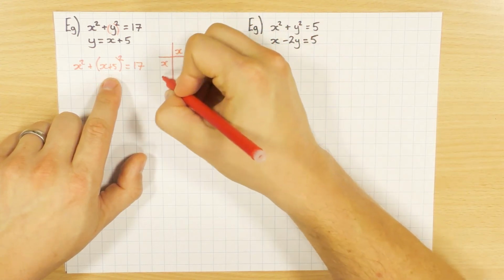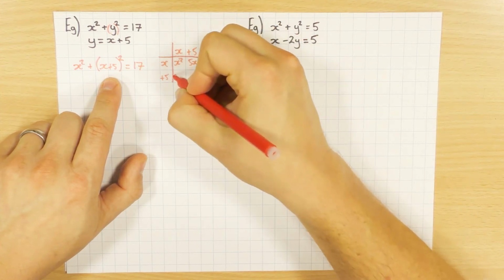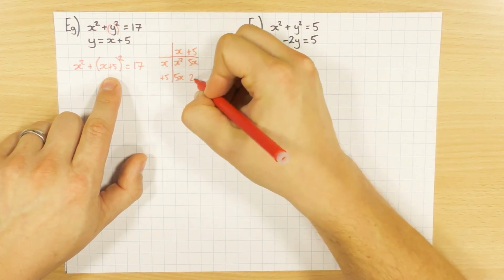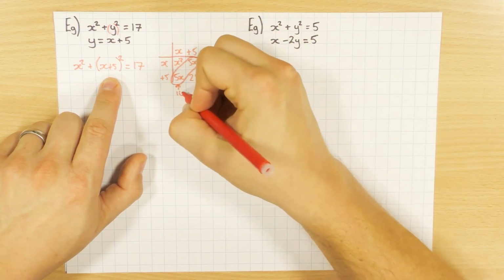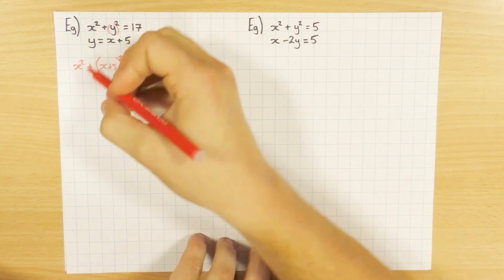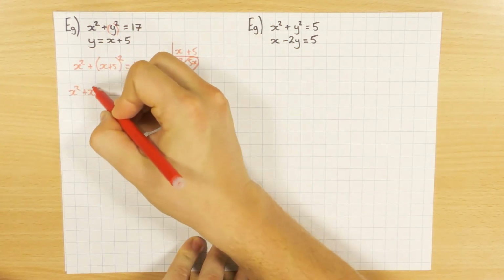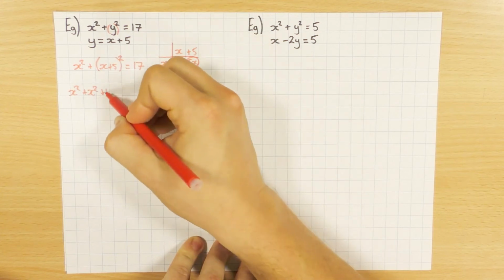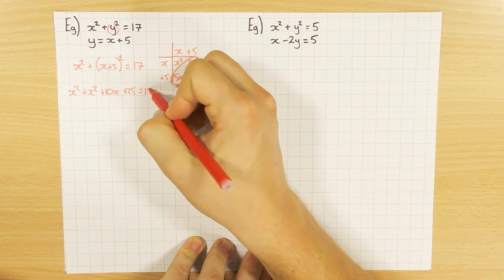X plus 5, so x squared, 5x, 5 times 5 is 25. When I simplify these, I'm going to have 10x, and you can put it back into here. So I'm going to have x squared plus x squared plus my 10x plus the 25 equals 17.